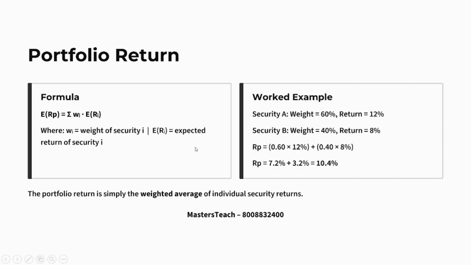So remember this formula. For example, security A has weight 60%, return 12%, security B has 40%, return 8%. So this is the portfolio return formula. How much they are going to have: 10%.